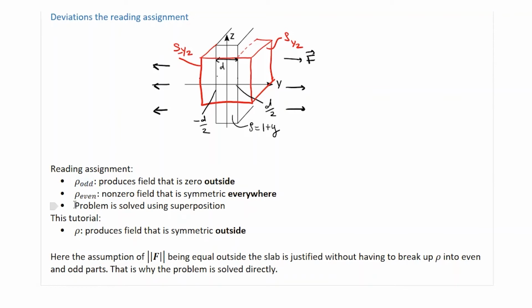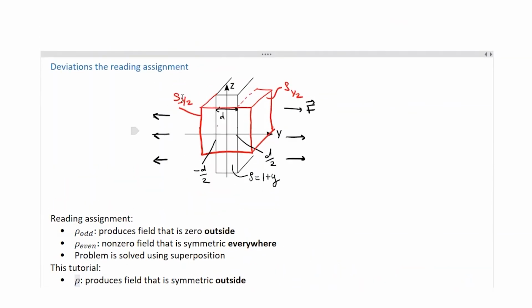But then to solve the problem, the reading assignment used superposition, so you would calculate the field from odd and even parts and add them up in the end. In this tutorial, since I argued that the field is symmetric outside, even if rho is not necessarily symmetric, I just ended up solving the problem directly. Both approaches are valid and the answer ends up the same, so you can use whichever one you like better.